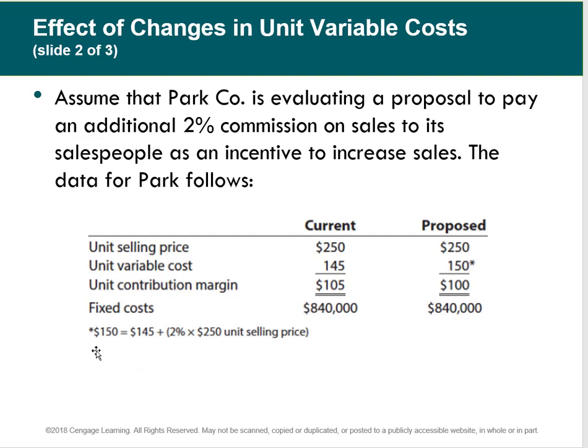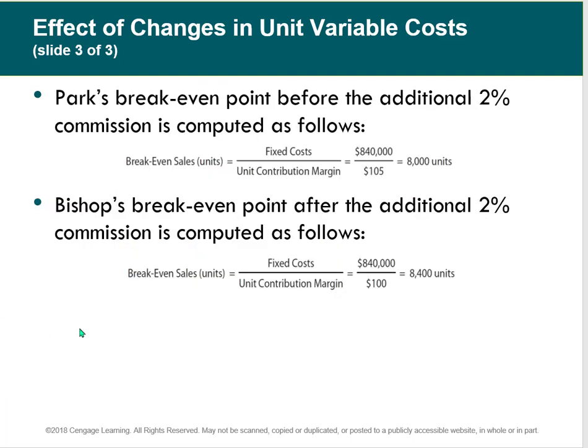So if I increase our commission by 2%, then our unit variable costs go from $145 to $150. Now our contribution margin is lower, but our fixed costs are the same. So what's the effect? I go from having a break-even point of 8,000 units, now it's 8,400 units, okay?